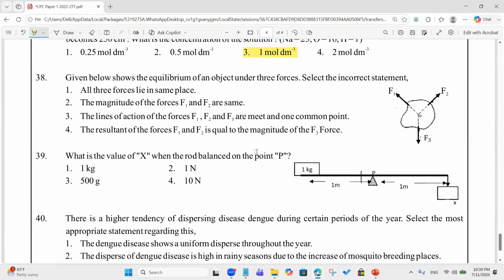38. The figure given below shows the equilibrium of an object under 3 forces. Select the incorrect statement. Which is incorrect?